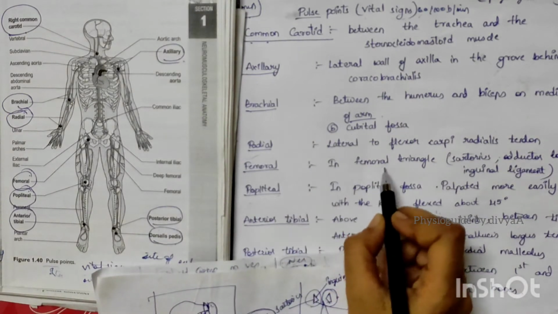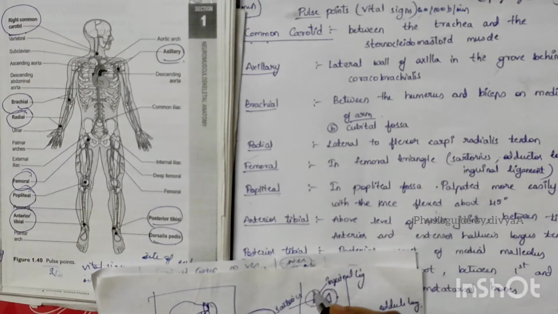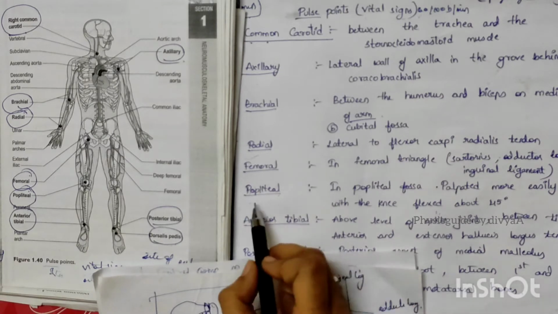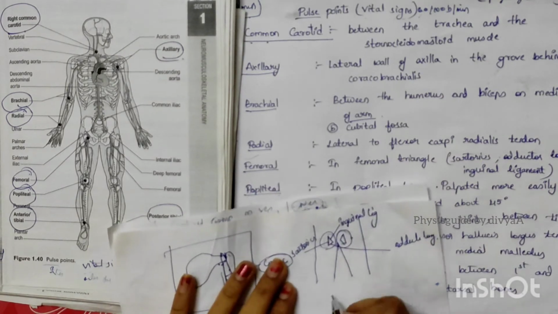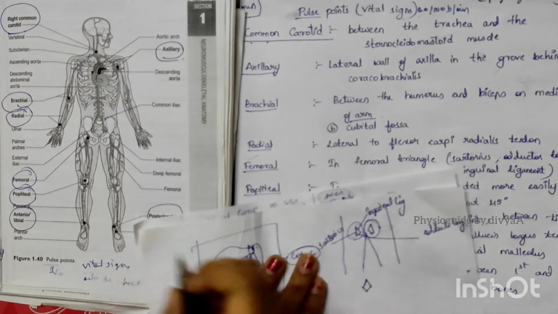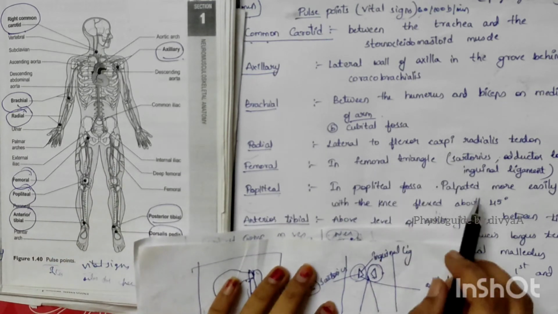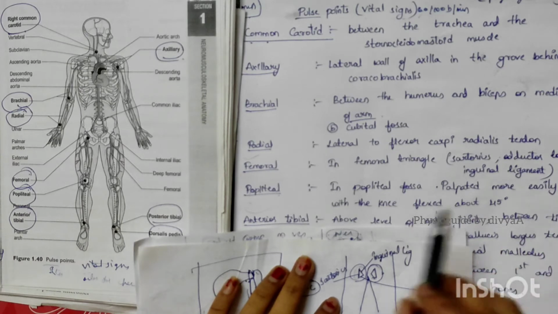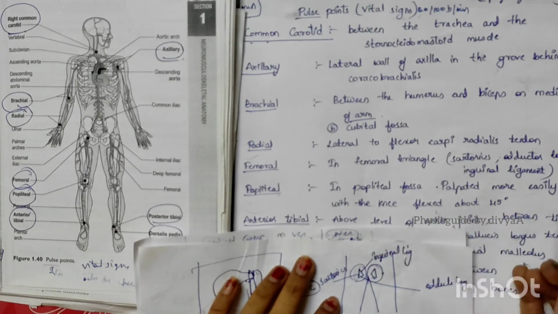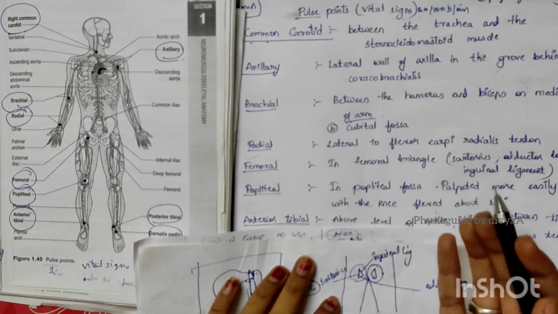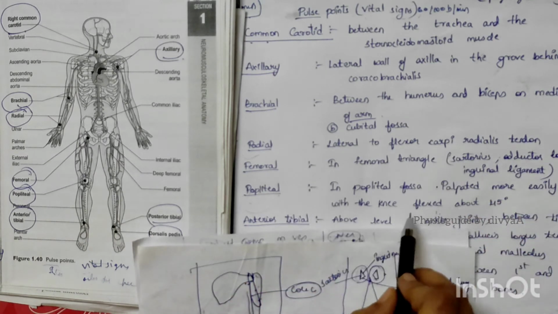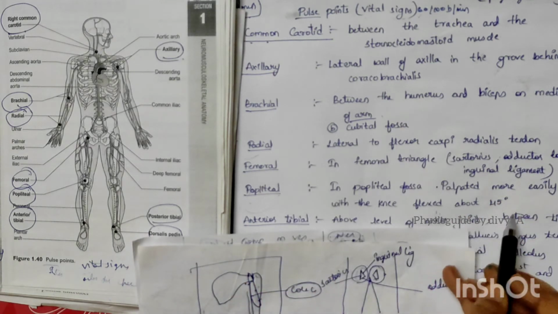Femoral, in femoral triangle shape it is. Now popliteal, which is diamond shape here. In popliteal fossa, palpated more easily in the prone position, with the knee flexed above 45 degrees.